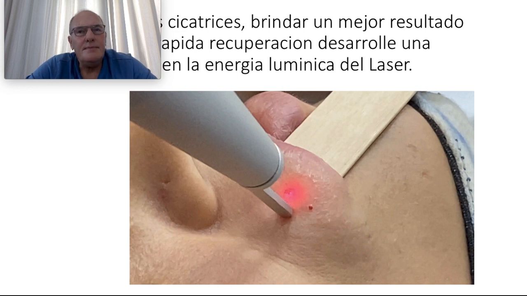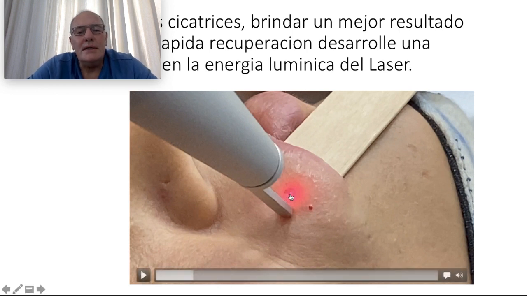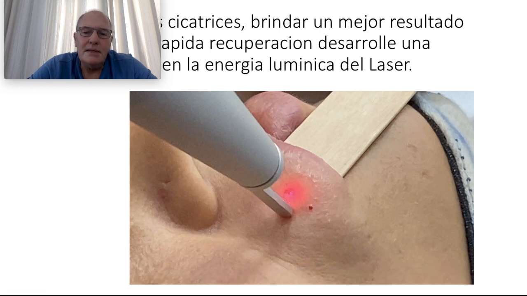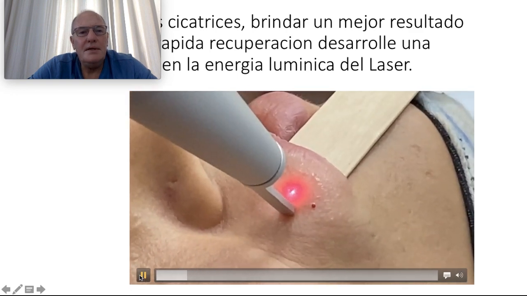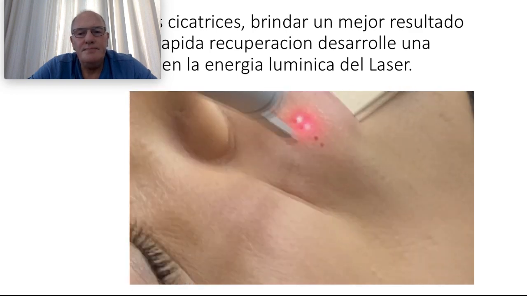And then I studied this situation, and from my knowledge of the laser, because I'm specialized in laser treatment, I decided to use the small light of the carbon dioxide laser in order not only to burn the superficial part of the fistula, but to burn deeply to the mucosa.